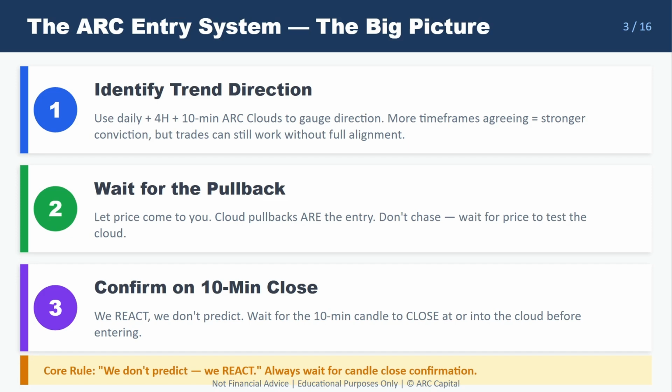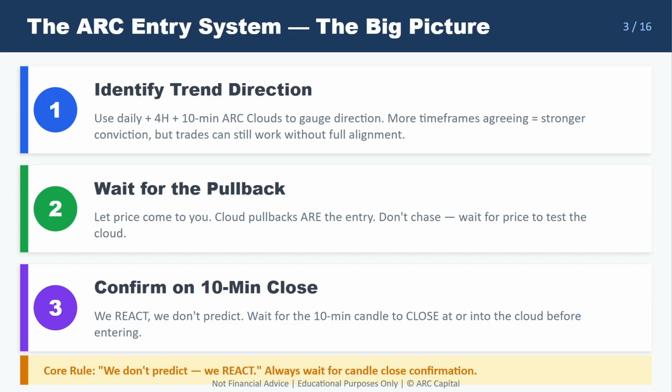There's too much whipsawing back and forth for the cloud tests, which can create some sort of not having confidence to take the trade, right? The 10-minute is a lot more clear, showing the respect or the rejection of a cloud test, right? So that's why we emphasize 10-minute being your main time frame that you look at.